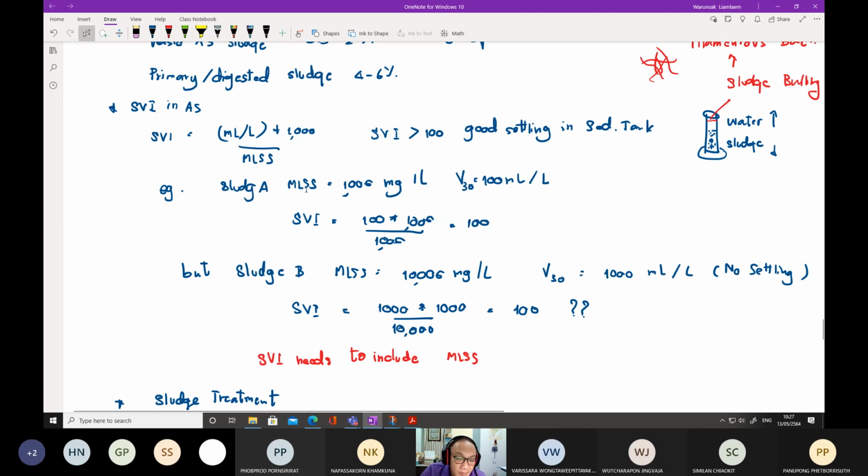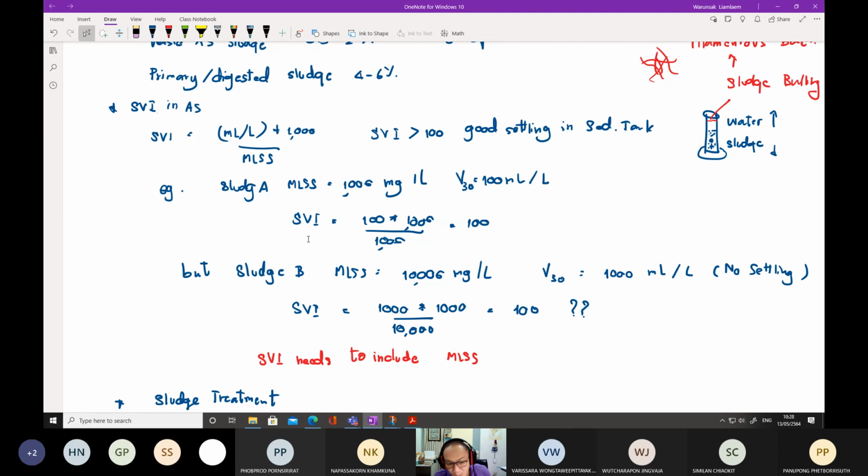If initially we measure the suspended solids and obtain about 1,000 milligrams per liter, and the V30 is 100 milliliters per liter, in this case you can determine the sludge volume index. The sludge volume index is supposed to be less than 100. If it's less than 100, you can expect good settling in the sedimentation tank.